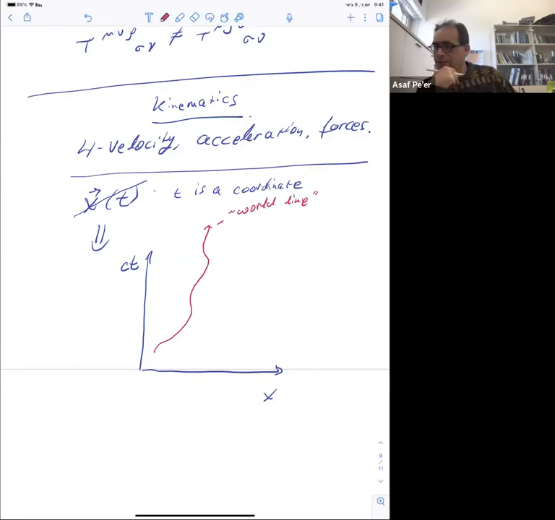For example, right now I'm just sitting, so I'm not going anywhere, so my world line just looks like a straight line. If I was to walk, then my world line would be doing something else. Easy. So how do I describe the motion of a particle along the world line?